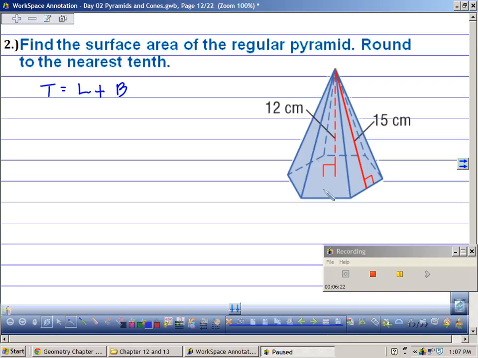So if I don't have any information for it, I'm probably going to have to use that special formula. Anybody remember that special formula? Half of the perimeter times the apothem. And what's the formula for the lateral area of this figure?